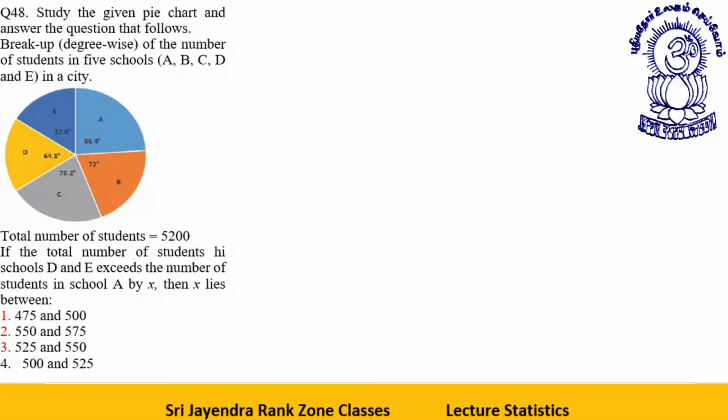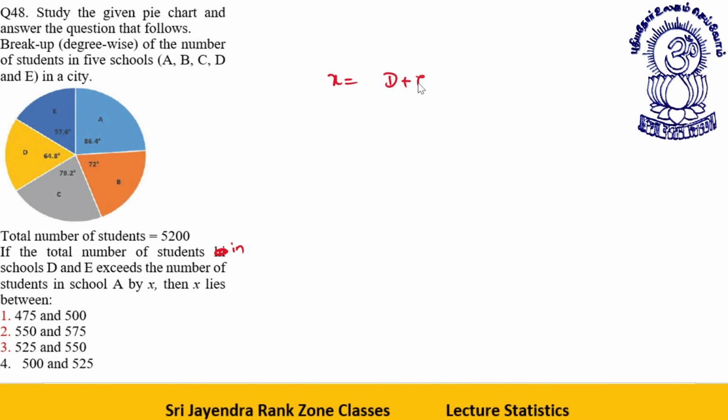Study the given pie chart and answer. Break up degree-wise of students in 5 schools. Total number of students is 5,200. If the total number of students in schools D and E exceeds the number of students in school A by X, then X lies between which values?